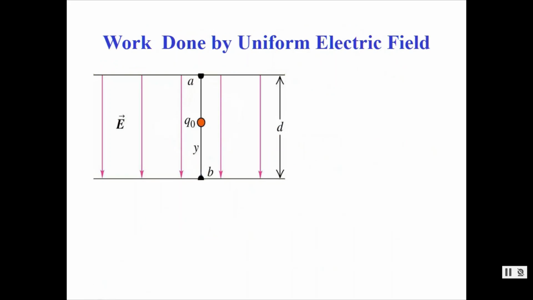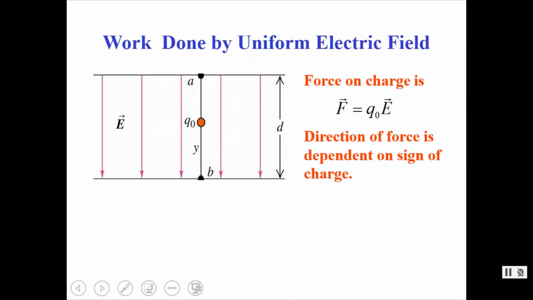Now, let's talk specifically about an electric field here. If we have this electric field pointing downwards, and point A is a point on, say, that top plate, and B is a point on a bottom plate, as Q moves through some displacement from A to B, it goes through the separation distance of those plates.